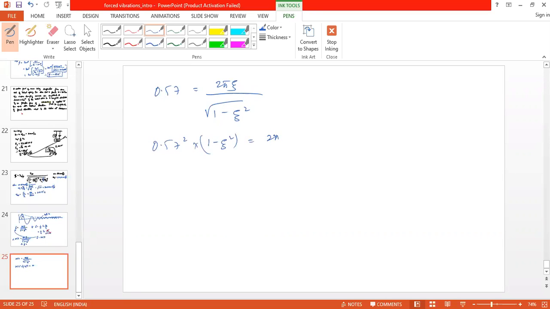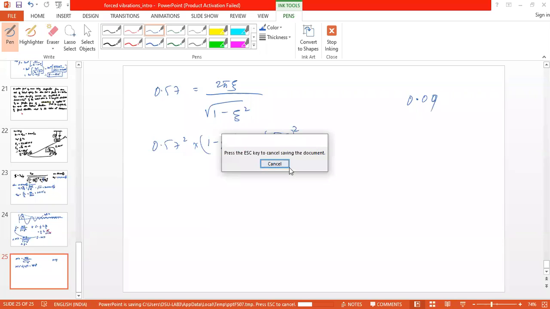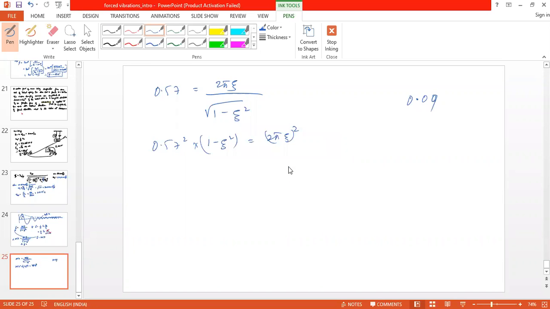No, sir, 0.09. See, if you solve this, you will get the value of zeta as 0.09.